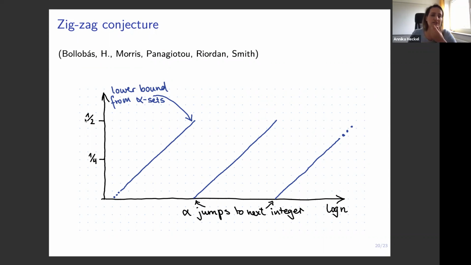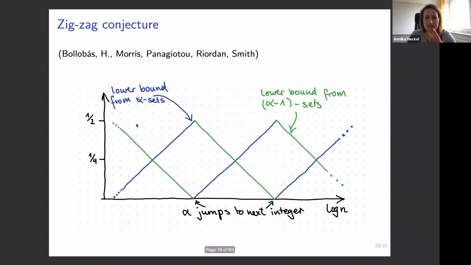So here I'm plotting, if we're here, then this lower bound is n to the 1/2. There's the lower bound coming from the alpha minus 1 sets, which goes the other way. And they actually go like this in straight lines if you plot this on a log scale. And now the conjecture is that this red zigzag line, up to lower order terms, is actually the concentration of the chromatic number.